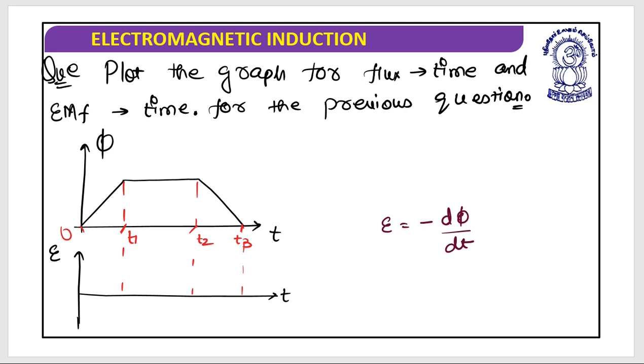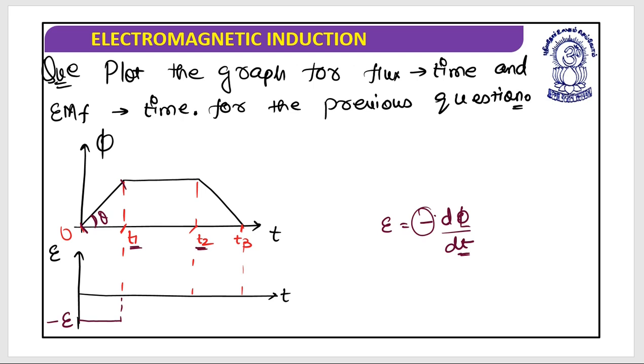So as you can see this, from 0 to T1, I need to just plot the slope of this. And if I need to plot the slope of this, the slope is positive, this theta is positive, but here a minus sign would be there, and as it is a minus sign, it would be in the negative. It is something like this. I hope this is clear. Let's call it as a minus of E.